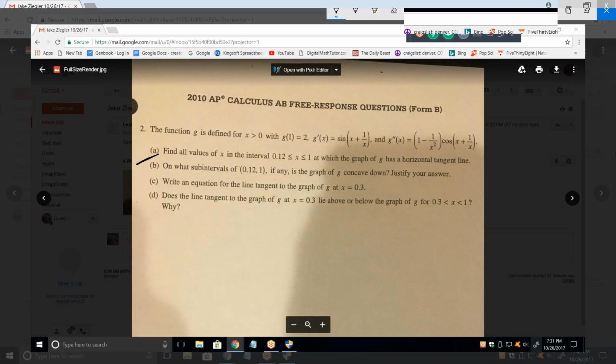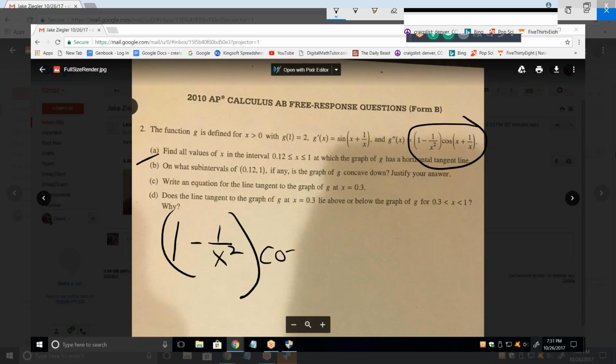Negative goes with down, positive goes with up. So negative. And here's what the second derivative is. So what they're saying is this has to be negative.